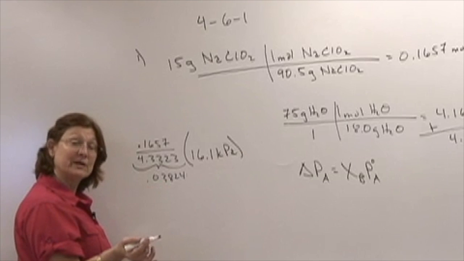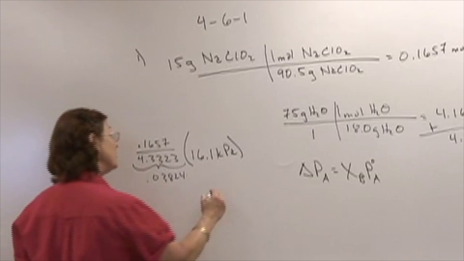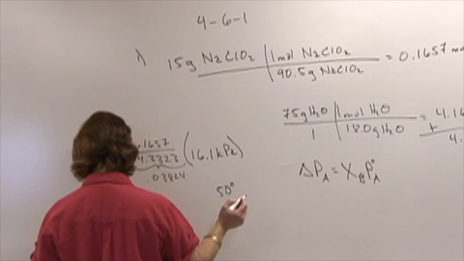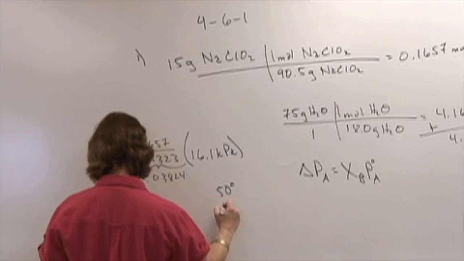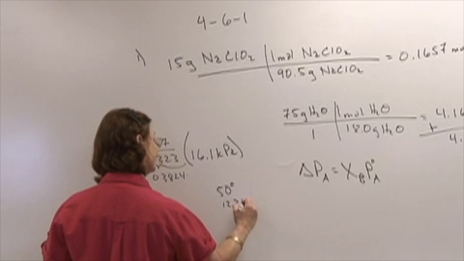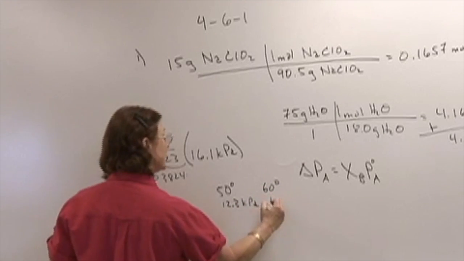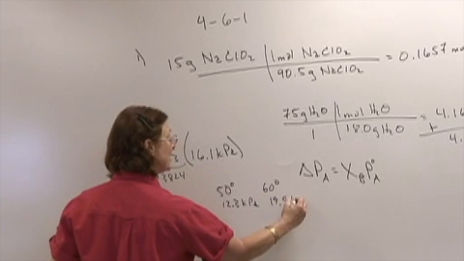Now, the temperature that we were given was 55, and therefore at 50 degrees, the pressure is 12.3 kPa. And at 60 degrees, the pressure is 19.9 kPa.